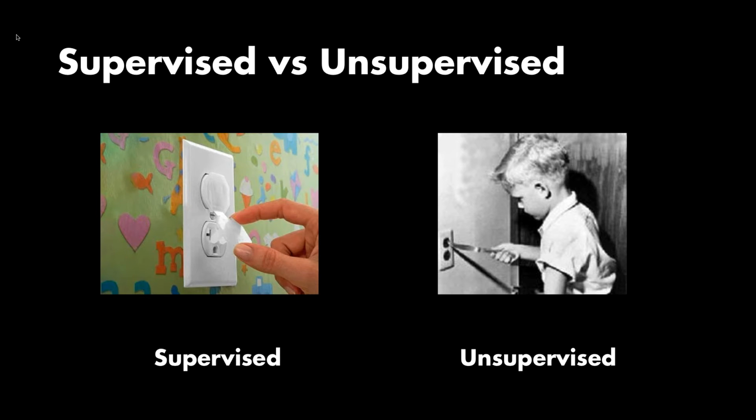The difference with unsupervised is that you're letting all of the data run amok, essentially, in the algorithm, and then it does things like cluster it together and find ways of classifying it. Unsupervised learning algorithms are typically harder to implement because you have to deal with a lot of data that's not as well organized, but it can be incredibly powerful.